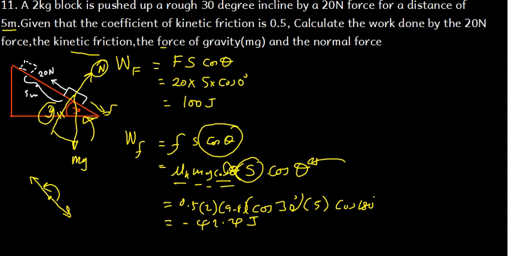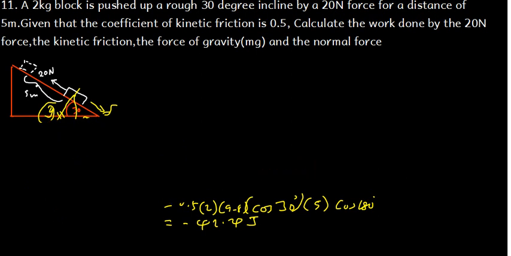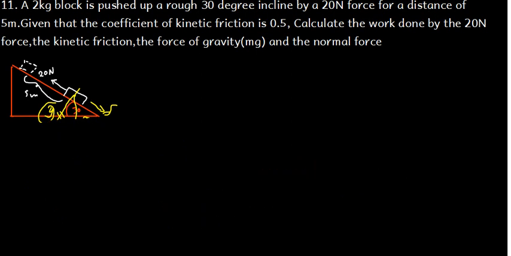What is the work done by gravity? So the work done by gravity, mg. We said mg is the weight force.